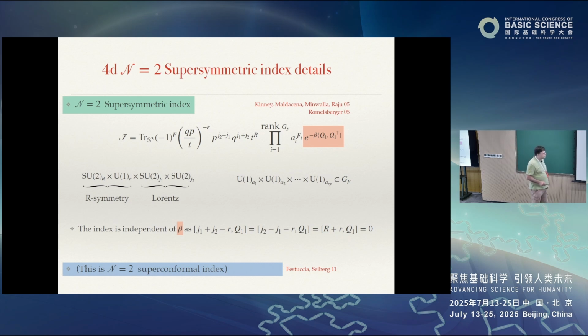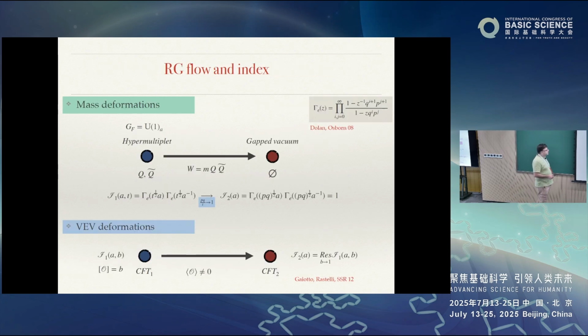And this was made precise by Festuccia and Seiberg. So the idea is that if you have a flow, you are not computing the superconformal index. You are not using the superconformal symmetry, but there is some supersymmetry which is preserved along the flow. And only at a fixed point, the supersymmetric index becomes the superconformal index. So this is the general story of the index.